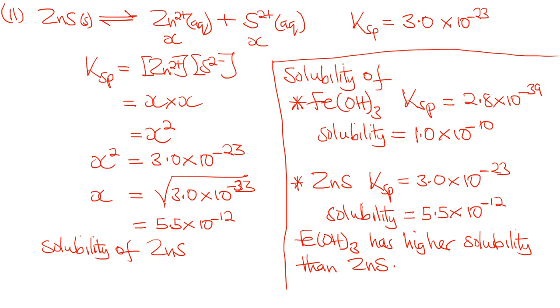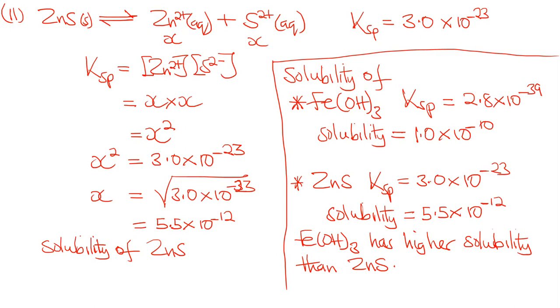But when you do the calculation yourself, you see that the ferric hydroxide has higher solubility than the zinc sulfide. So the zinc sulfide here is to the negative 12. The ferric hydroxide here is to the negative 10.